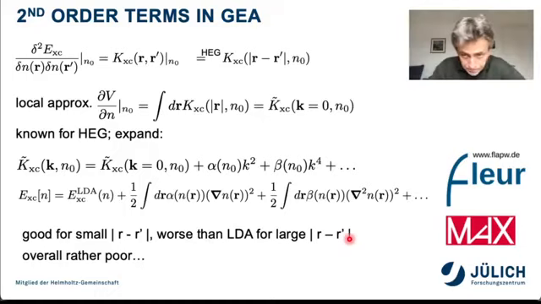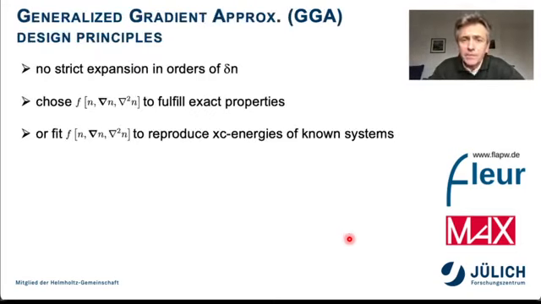So what people tried to do next was to say, don't make a strict expansion in the order of these density variations, but rather choose a function that depends on the density, the gradient of the density, and the Laplacian, so that some exact properties that I know are fulfilled, or I try to fit this function to reproduce exchange correlation energies of known systems.